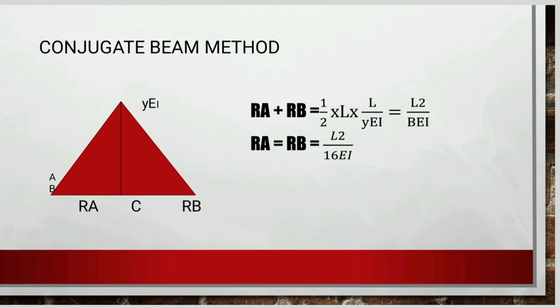We have our conjugate beam method. RA plus RB equal 1 over 2 times L times L over 4 EI equal L squared over 8 EI. RA equal RB equal L squared over 16 EI.